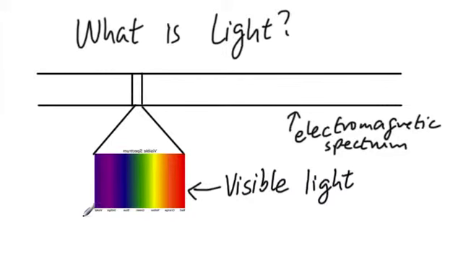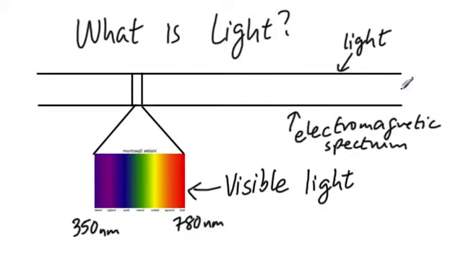And visible light sort of ranges, if we think of light as a wave, from somewhere around 350 nanometers to around 780 nanometers. And so, like I said, visible light is simply a small segment of the electromagnetic spectrum, which really, this is what we call light. It's just anything that is part of the electromagnetic spectrum.